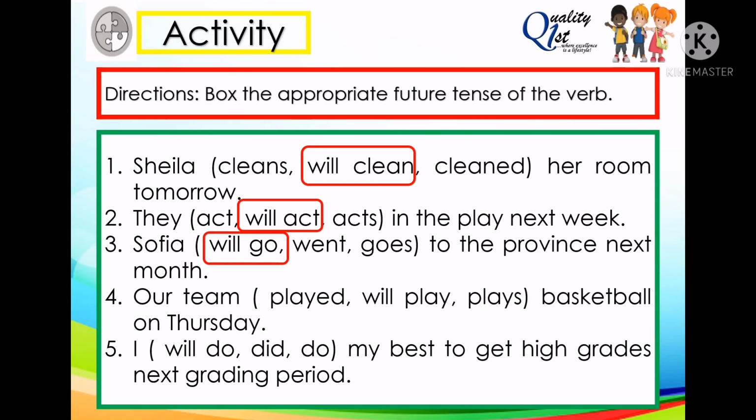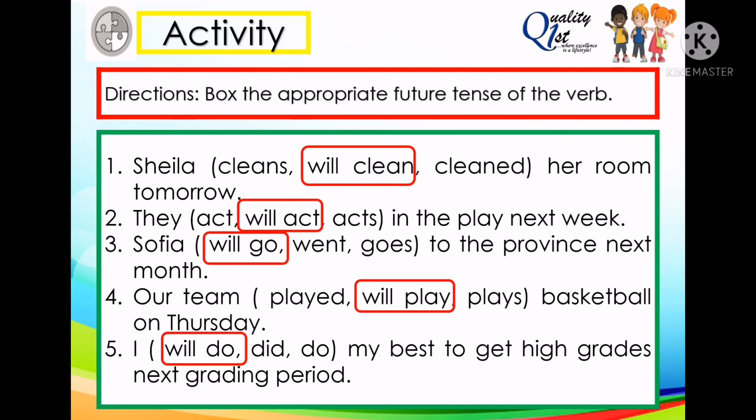Okay? For number 4, our team played, will play, plays basketball on Thursday. The correct answer is will play. And for number 5, I will, did, do my best to get high grades next grading period. The correct answer is will do.